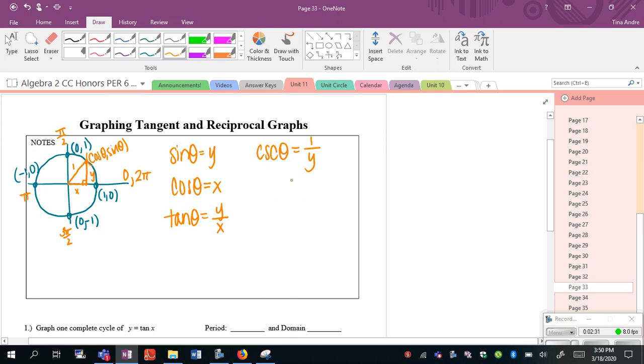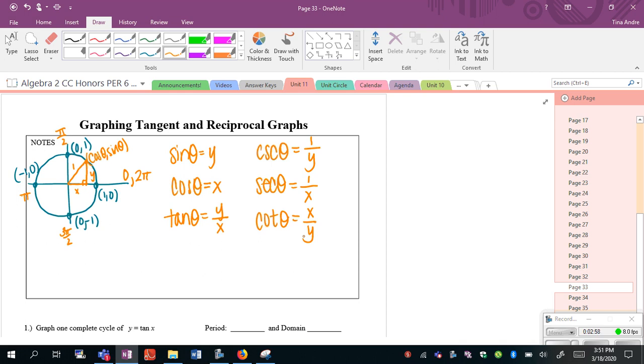The reciprocal of cosine is secant, so we do 1 divided by x. And the reciprocal of tangent is cotangent, which is just x divided by y. That's how we'll figure out the values we'll graph as our y values.